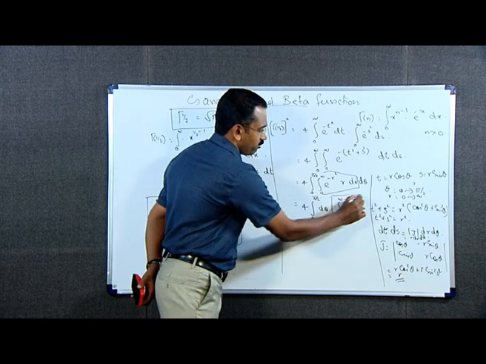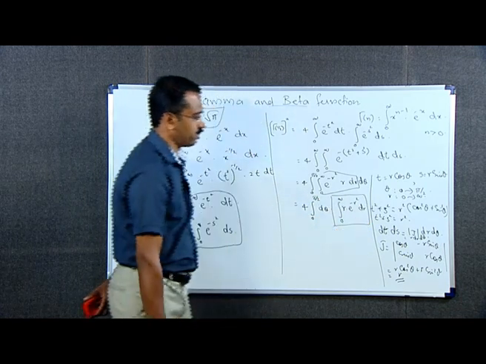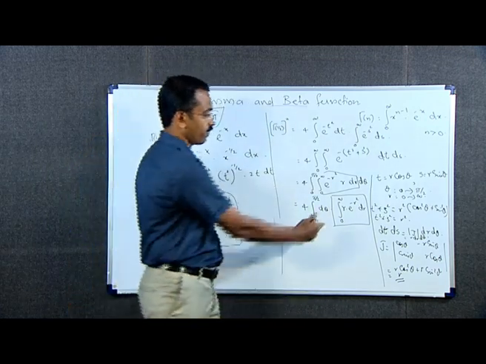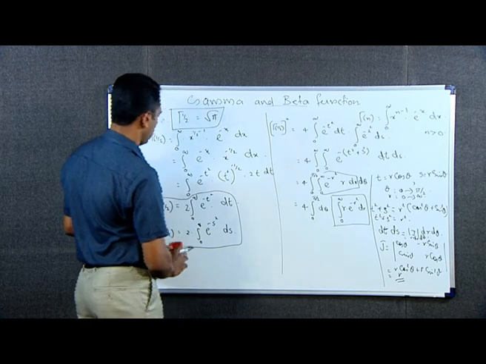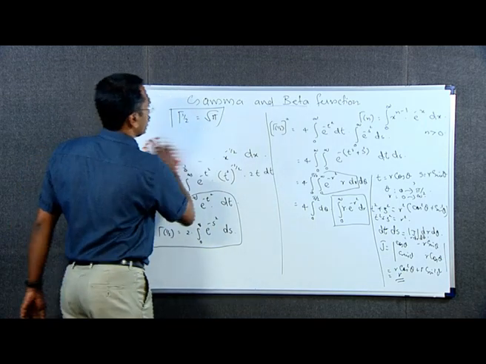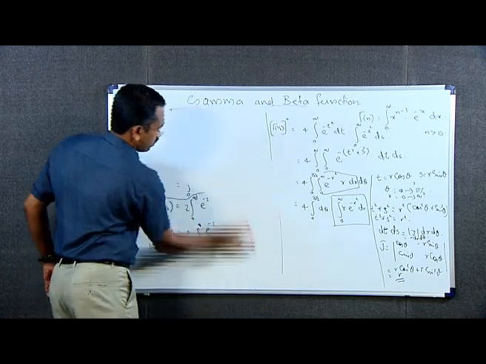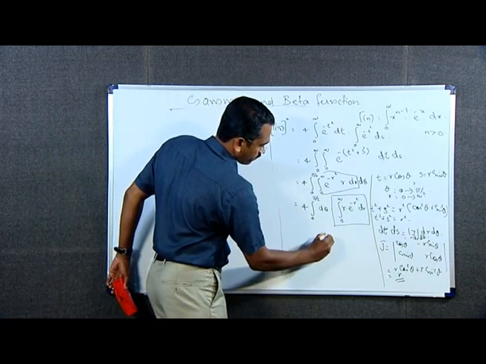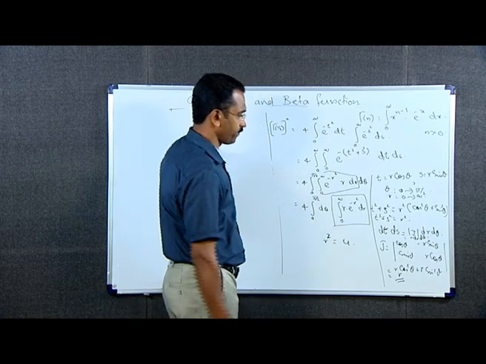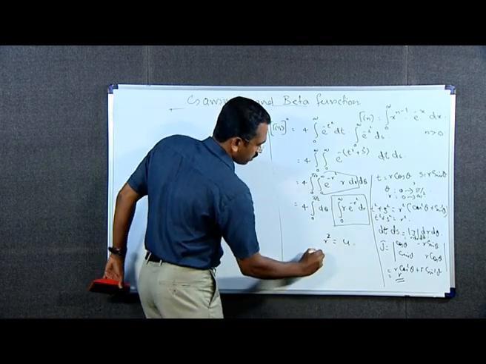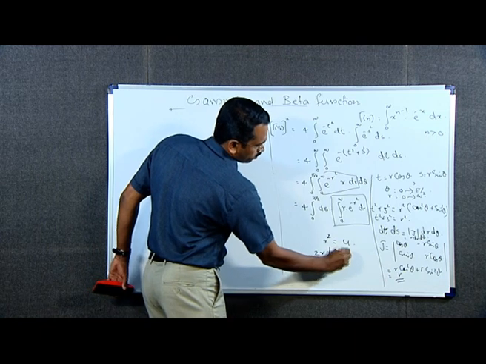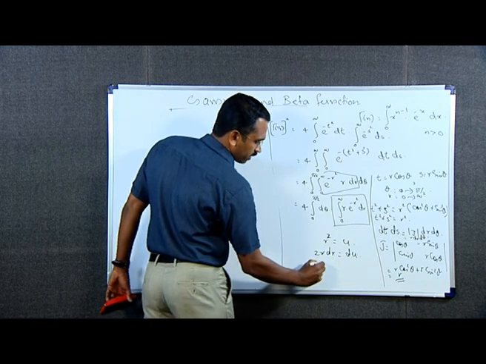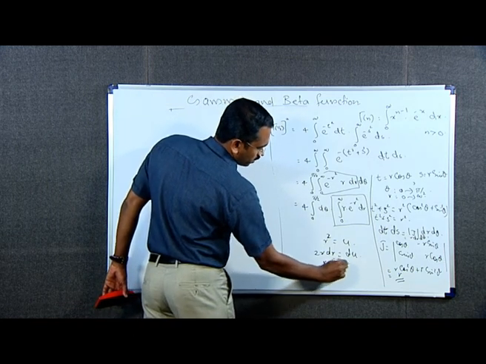For the evaluation of this integral, we use the substitution r square equal to u, so that 2r dr is equal to du, then r dr equal to du by 2.